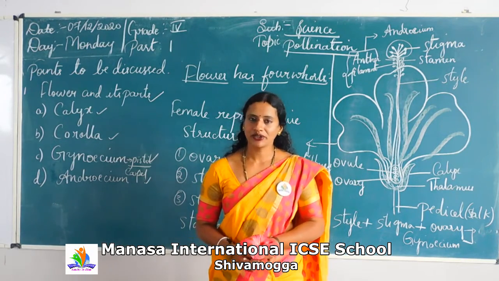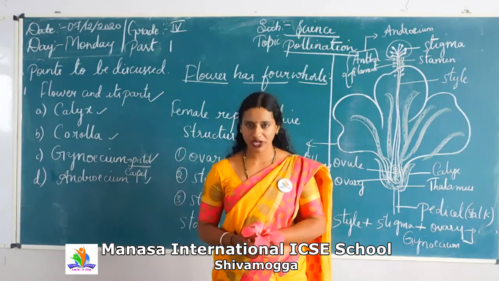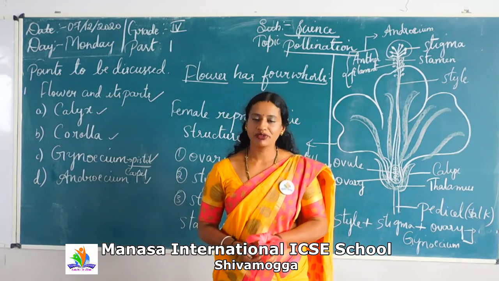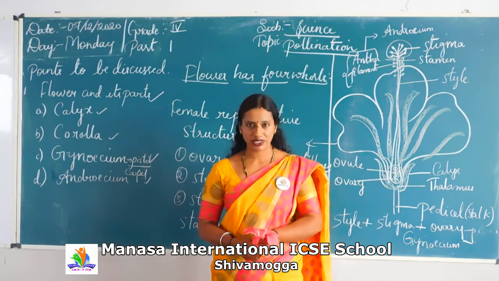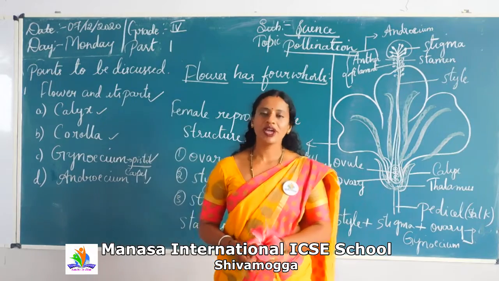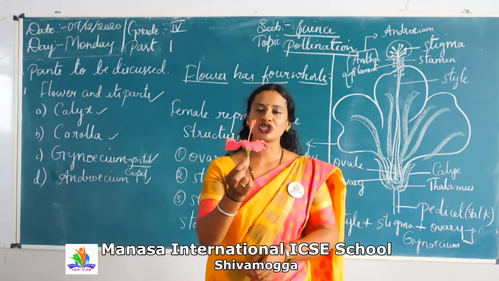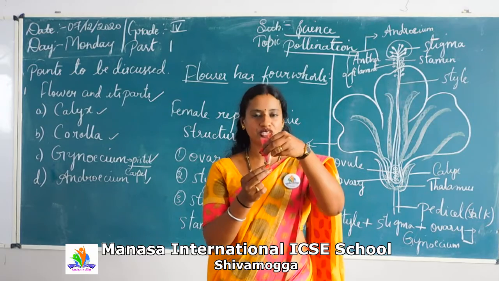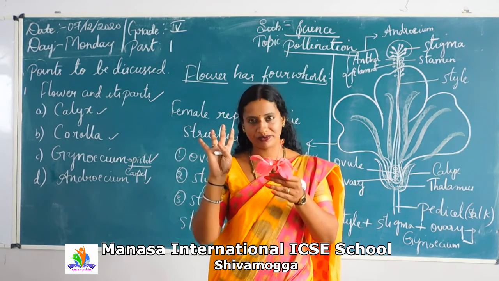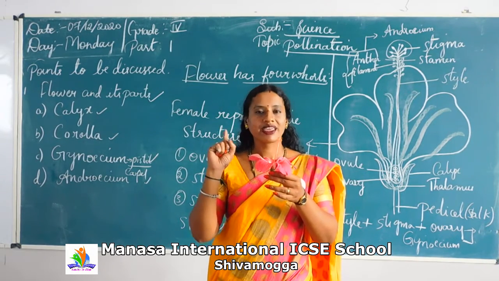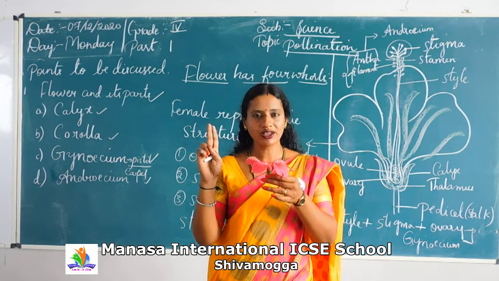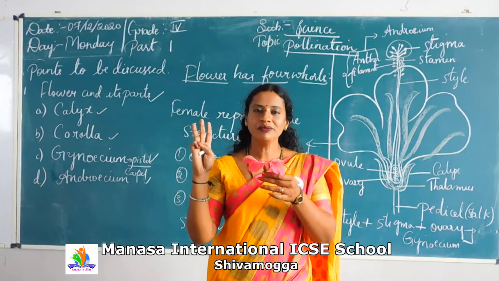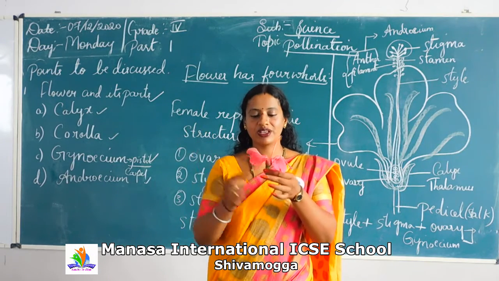Of course, I do agree these topics are very new to you. Let us have a quick recapitulation of today's session. Today we discussed the structure of the flower. The flower consists of 4 whorls: calyx, corolla, gynoecium and androecium.